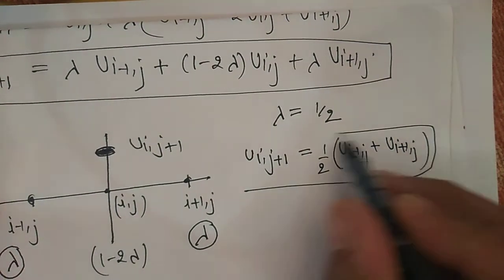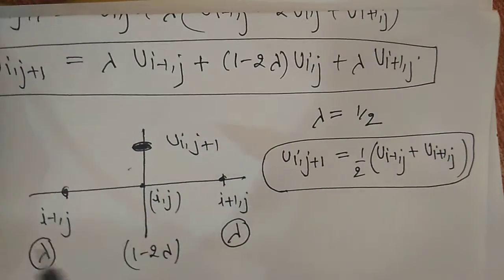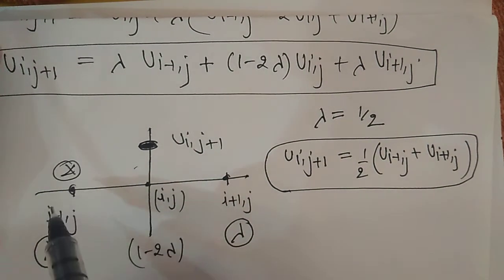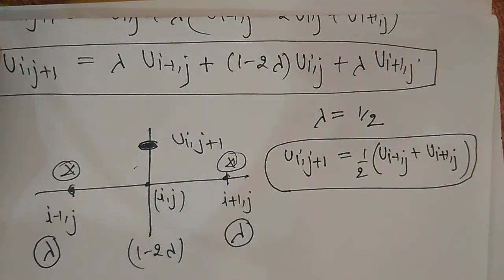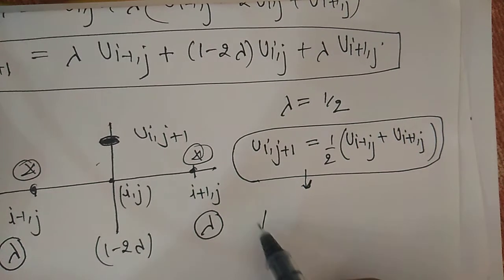So for lambda half, the value of u at this point equal to the average of the points i minus 1 and i plus 1. So this formula is called Bender-Schmidt formula.